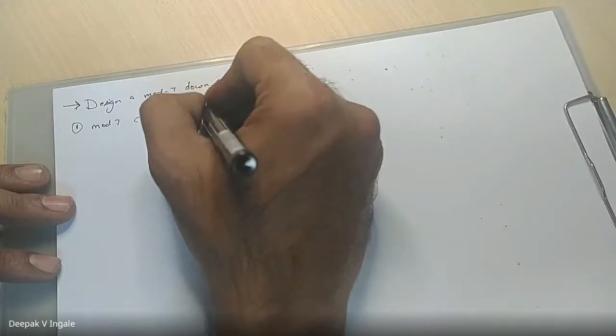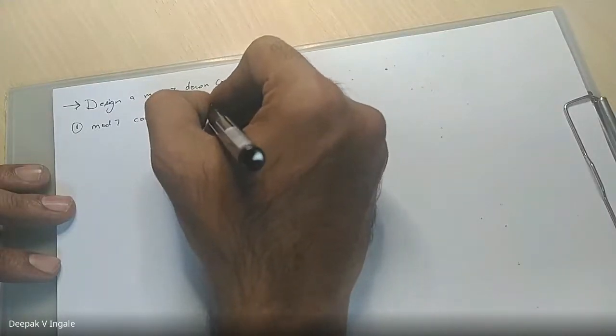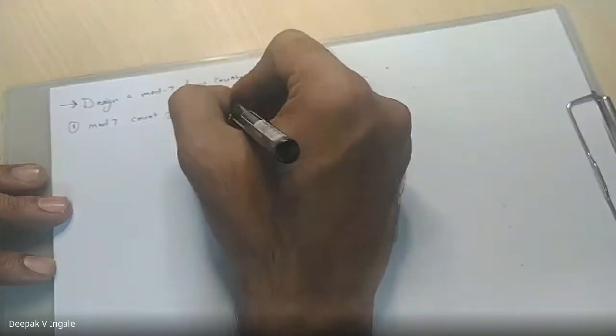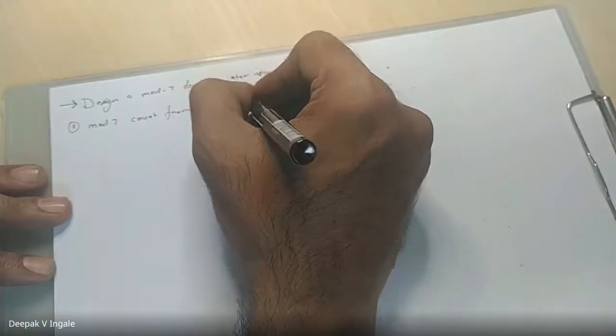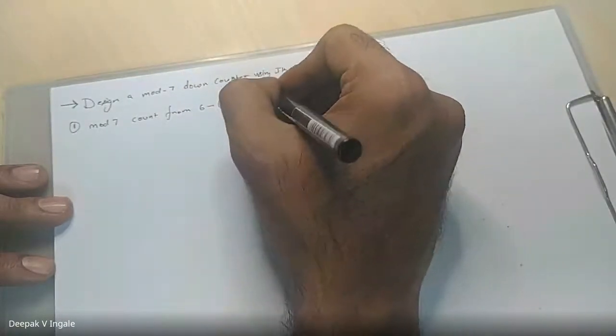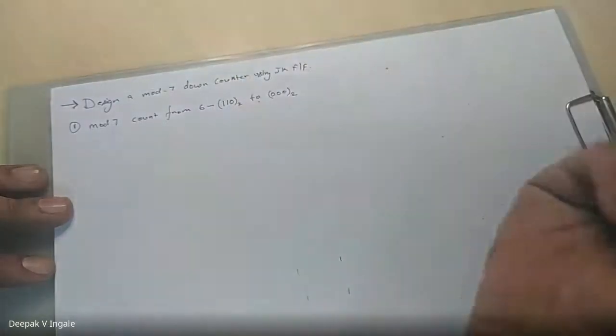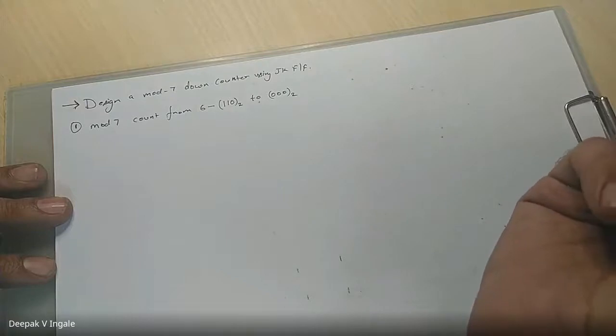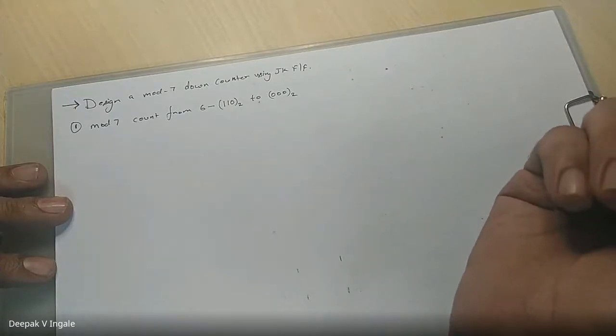Say 6 would be represented as 110 in binary. Correct? Could anyone respond?